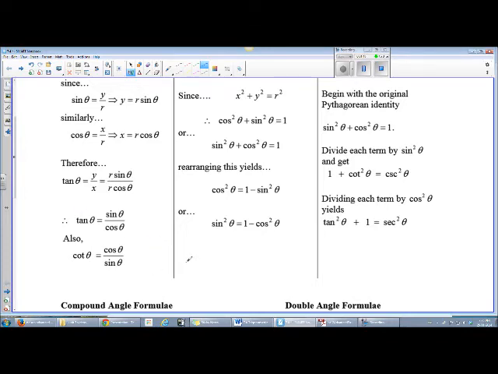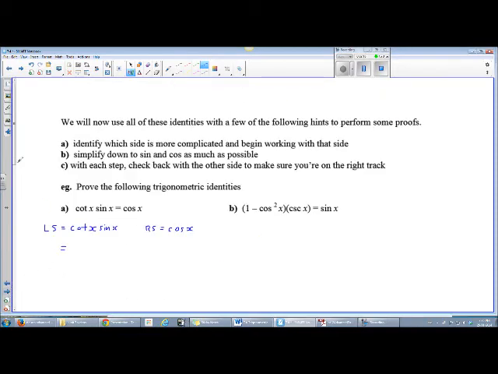Remember that cosecant theta is 1 over sine theta, and secant theta is equal to 1 over cosine theta. Those are two other ones that we didn't have listed here, which would be useful to us. So maybe you could jot that down on your sheet, and I'll just continue back here.